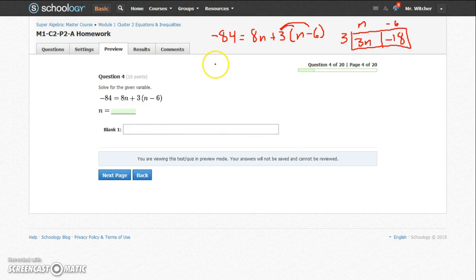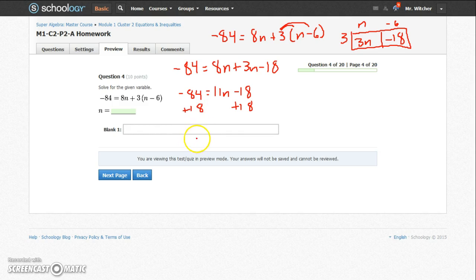So now I have negative 84, which equals 8n plus 3n minus 18. You can see I've taken the 3n and the minus 18 straight out of these boxes from the box method of multiplication, similar to distribution. I combine like terms, 8n and 3n, which is 11n minus 18 equals negative 84. And then I go ahead and I add 18.